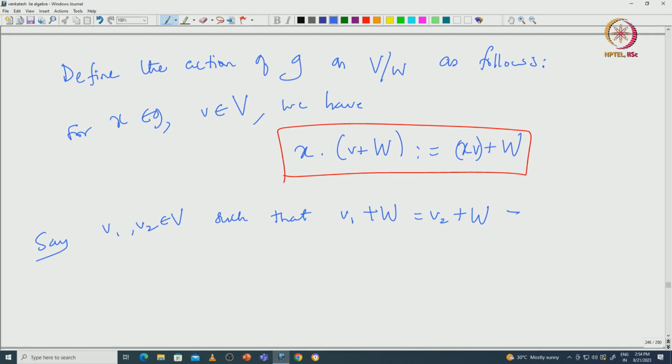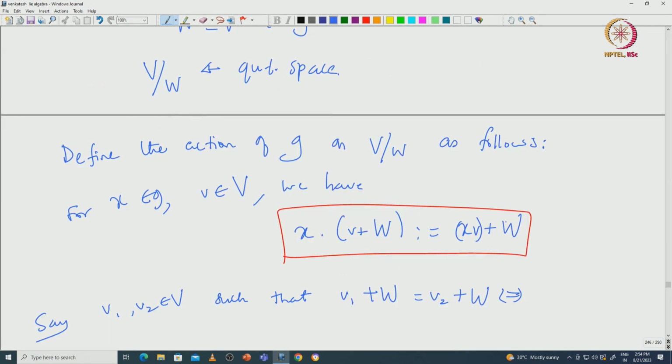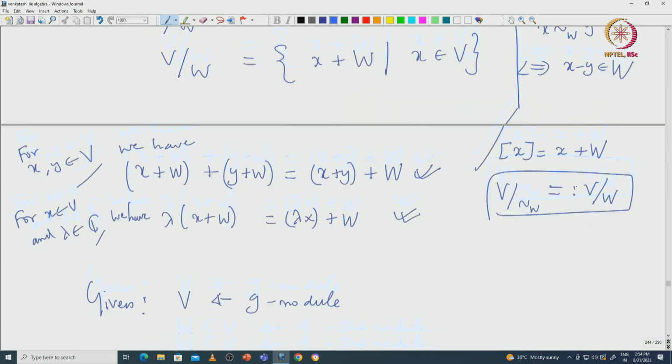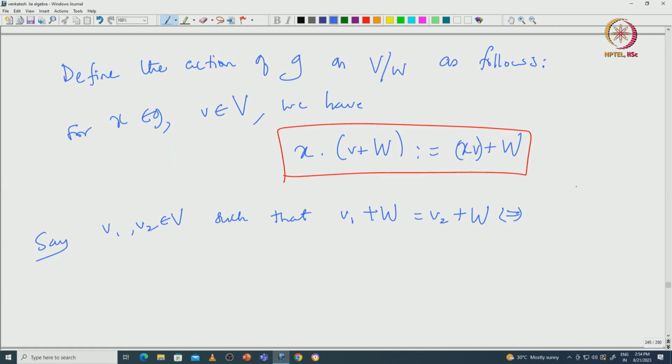This is if and only if, using our definition, if you go back, v1 and v2 are related if and only if the difference is in W, because the coset is nothing but x plus W. So, this says v1 minus v2 should be an element of W.